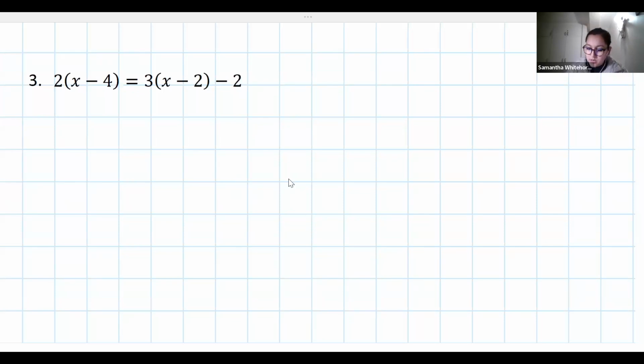Distribute. Remember those inverse operations. They are so important when solving equations. And find a solution for x.